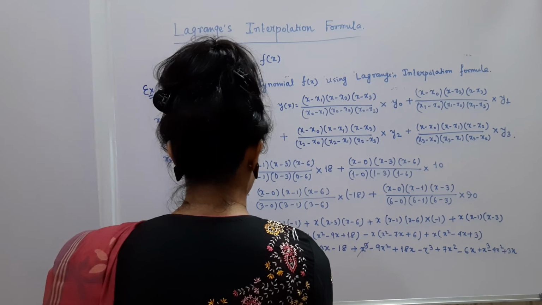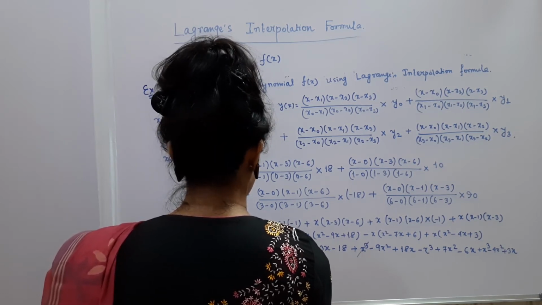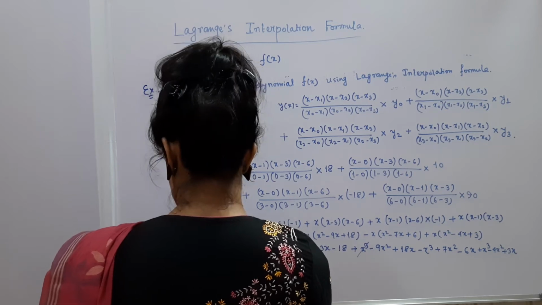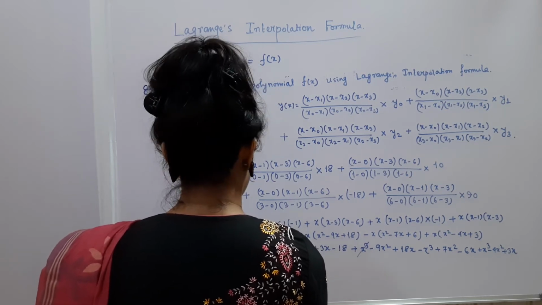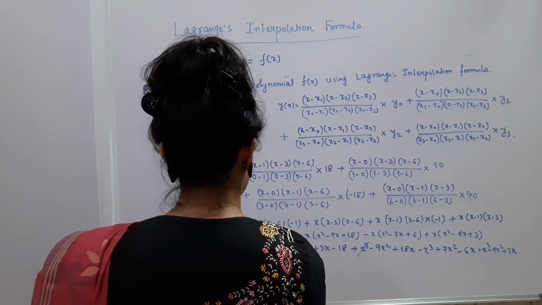So this is actually x cube, x square minus 3x minus x, 4x.